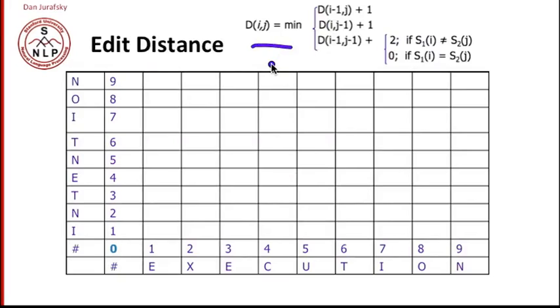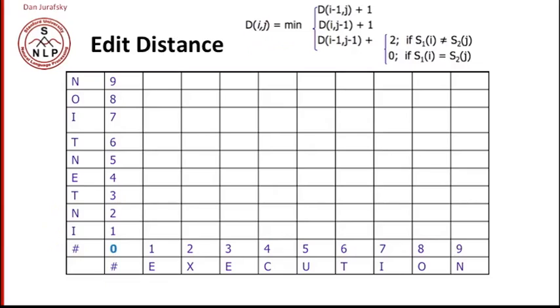We want to know the distance between the null string of intention and the null string of execution, obviously 0. The string i to the string nothing is the cost of deleting an i. That's 1. So now let's compute the cost of converting in to e. Intuitively, we expect it's going to be a deletion and a substitution. So let's see if that works out.